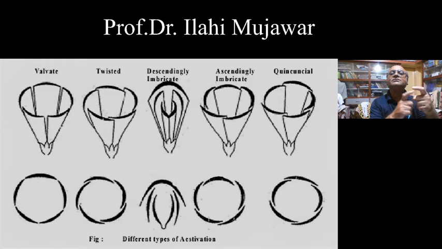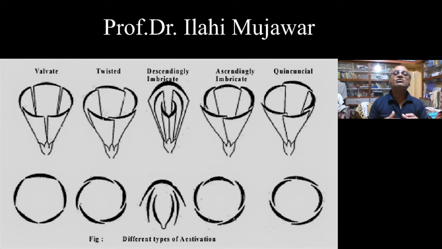That means one is completely outer, one is completely inner, and the remaining ones are one inner and one outer. It is called the imbricate type of the estivation.